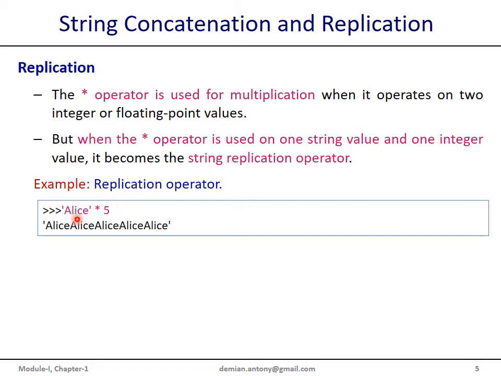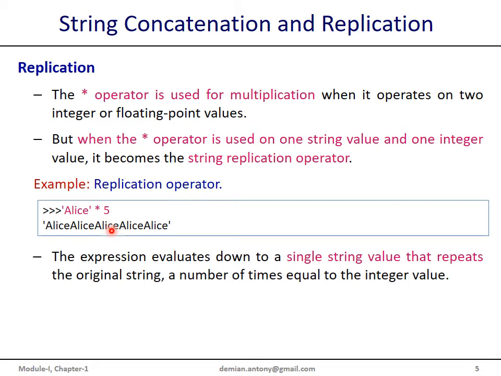That means Alice is repeated 5 times. So the expression evaluates down to a string value, which is a new string that repeats the original string a number of times equal to the integer value that is found in the second operand.